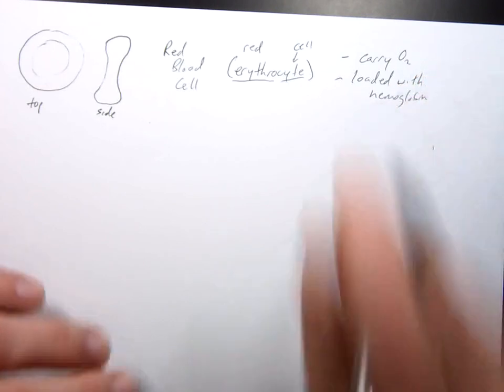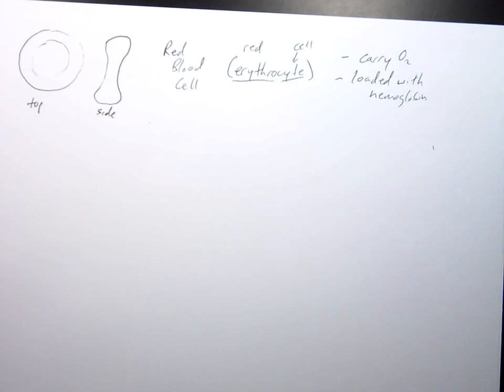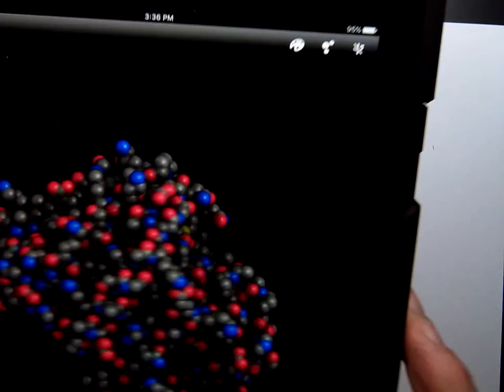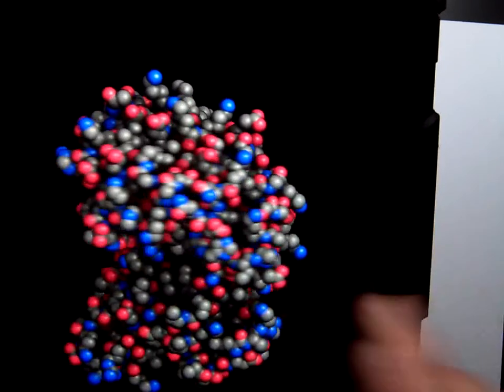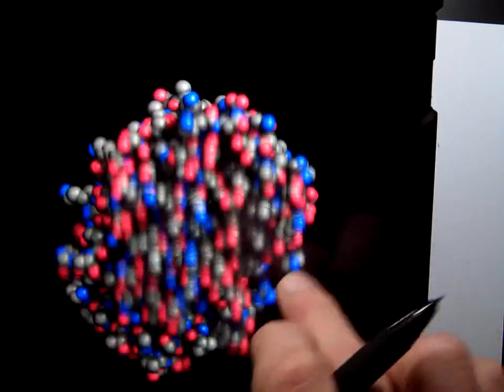Now, hemoglobin is a pretty complex protein, and it's got a lot of these little things called heme subunits in it. It's a protein, so it's made of amino acids. It takes roughly this shape here. That's supposed to be hemoglobin.